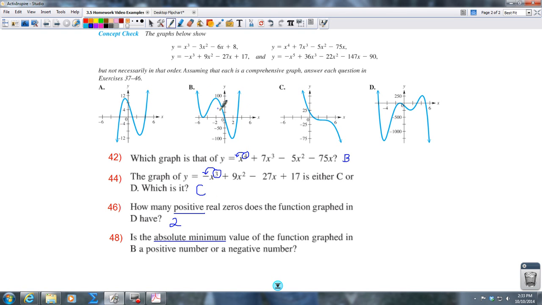For this particular graph, this right here is the absolute minimum. So we're just asked to look at the up and down values, which are your y values, because high would give you absolute max, low would give you absolute minimum. Since we're in the negative numbers down here for y, around negative 100, the answer to this one has to be negative.